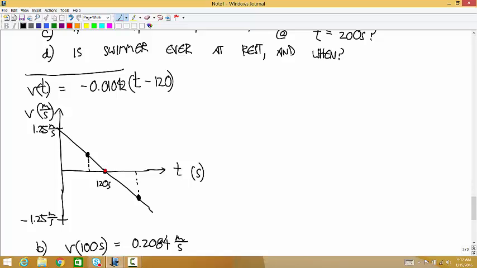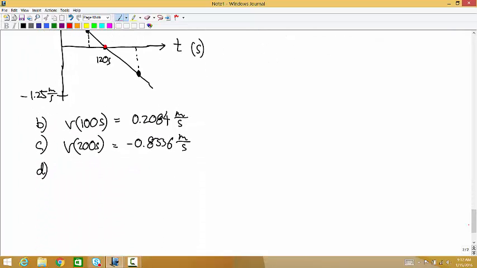It's a critical point. So v of 120 is equal to 0, and at that time the swimmer is instantaneously at rest. In the next instant, the swimmer's moving again, but just for that instant, you have no velocity.